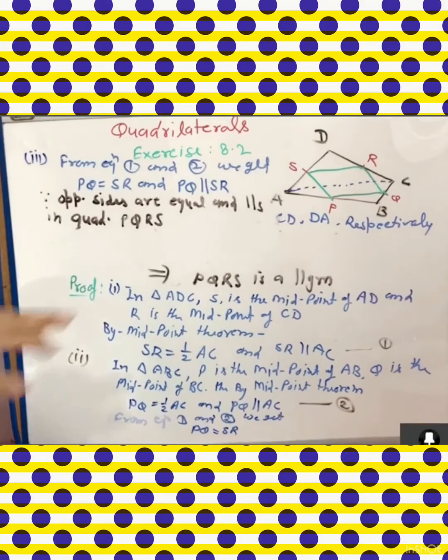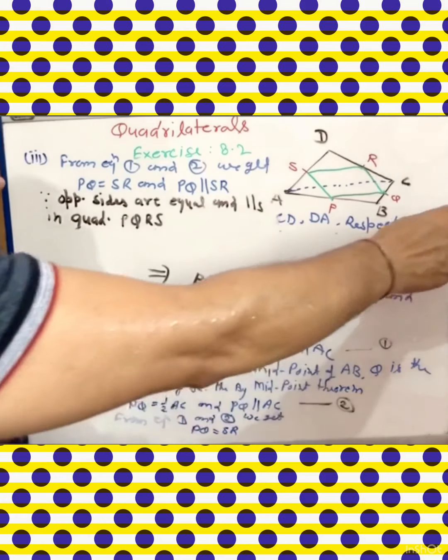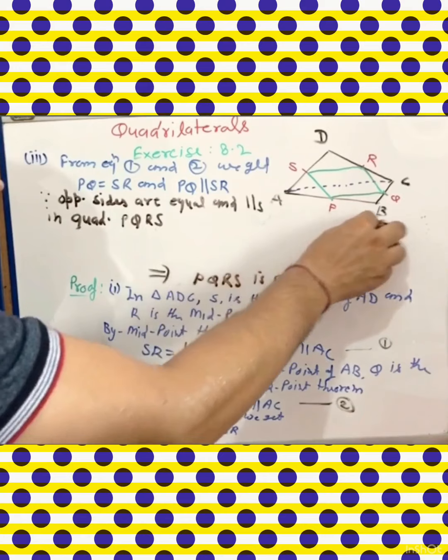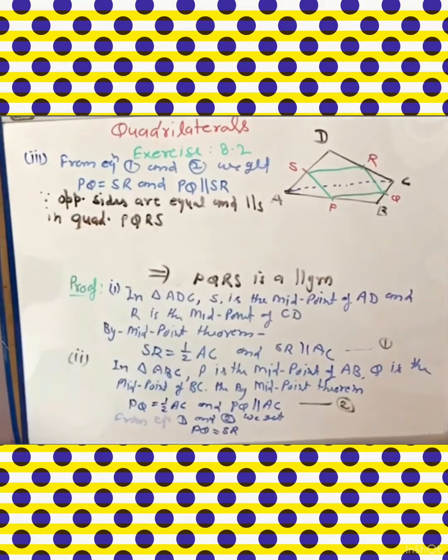So I think all the steps are clear for this. That is, if the opposite sides of a quadrilateral are equal and parallel, then you can say that the quadrilateral is a parallelogram. So this is an easy application of the midpoint theorem.